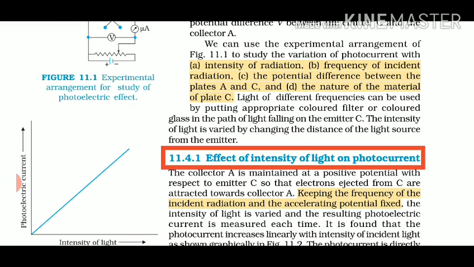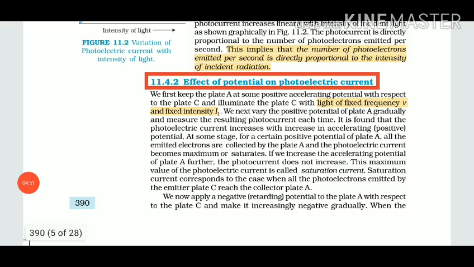You cannot see the effect of all the parameters simultaneously. So in the second point, I want to see the effect of potential on photoelectric current. Potential will be the variable, and the other parameters will behave as constants. As I've highlighted, light of fixed frequency and fixed intensity, so frequency and intensity we are keeping constant.